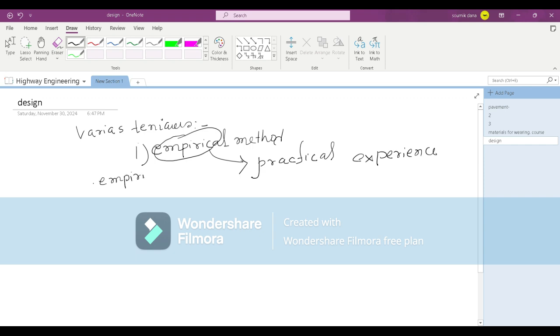Empirical methods are: one is CBR method, two is group index method, and third is MacLeod method.